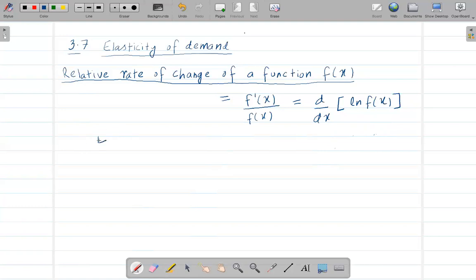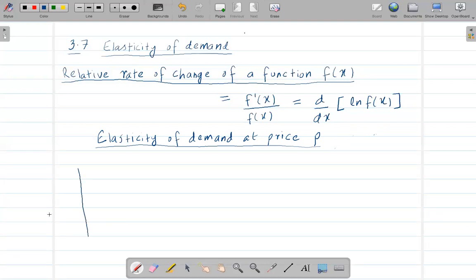Now let's see elasticity. Elasticity of demand at price P. So here, let's draw a graph.